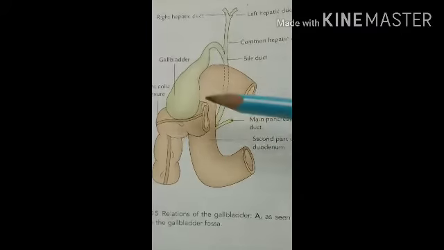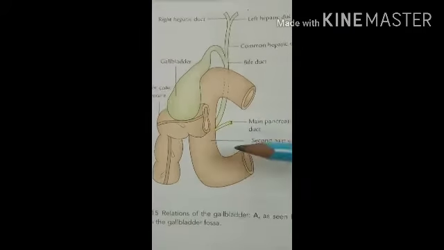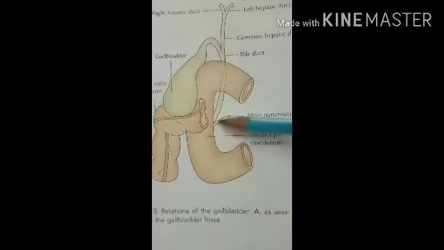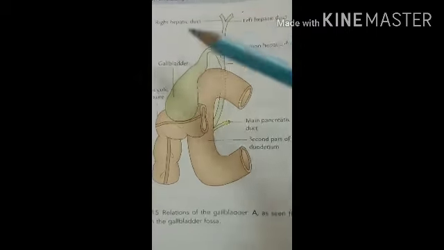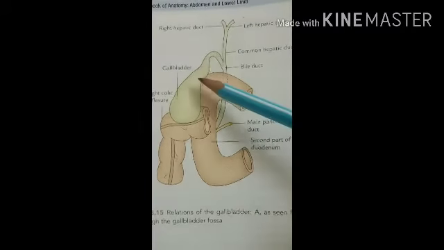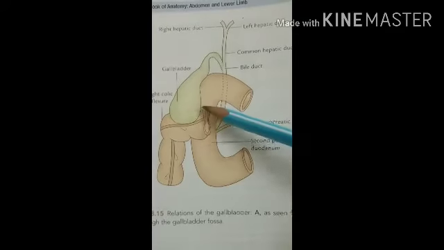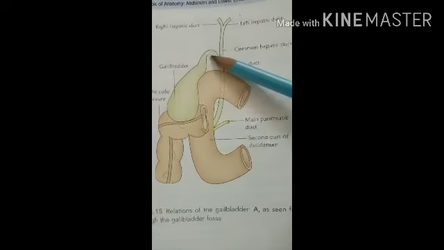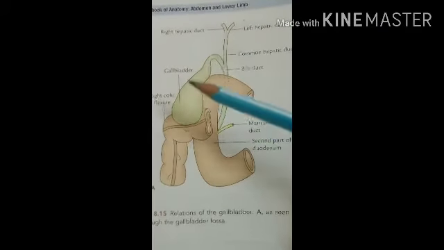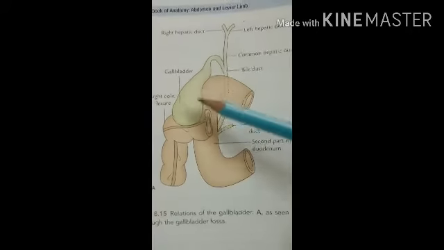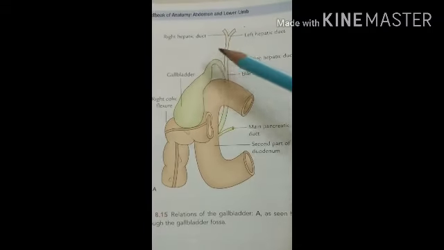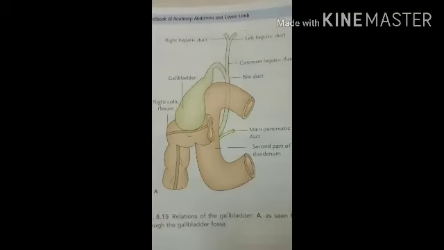After that we have to see the structure of the gallbladder, that is, the histology. The wall of the gallbladder consists of 4 layers. The outermost layer is the serous layer of the peritoneum. The second layer is the subserous layer, made of areolar tissue. The third layer is the fibromuscular layer, of fibrous tissue mixed with smooth muscle fibers arranged in loose bundles in longitudinal, circular and oblique directions.